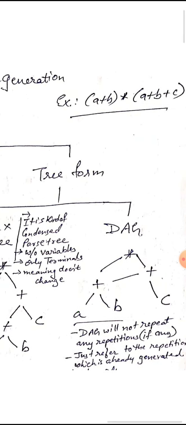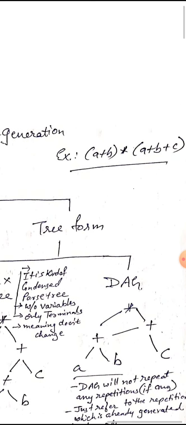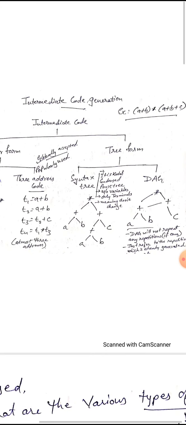In the case of a directed acyclic graph, it will not repeat any repetitions, if at all they are there. So, a b plus, which was there, is now not repeated, only the plus plus is getting a link. Just refer to the representation which is already generated on the top. So we have seen the example of a plus b star, a plus b plus c. Then we will see in detail a number of other things.